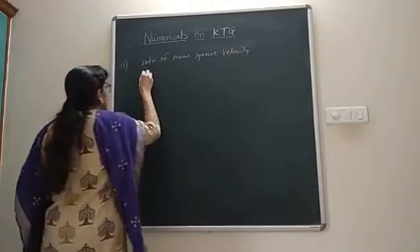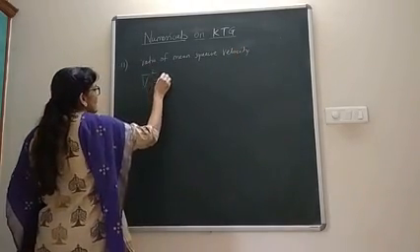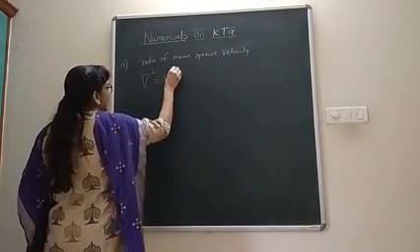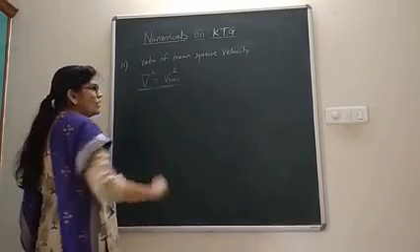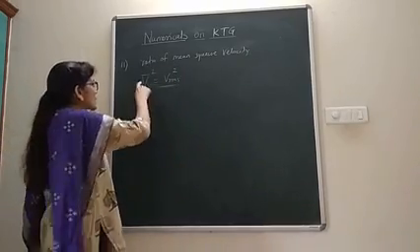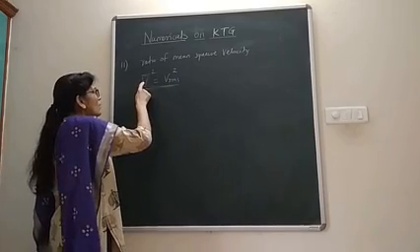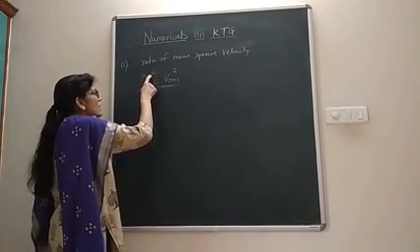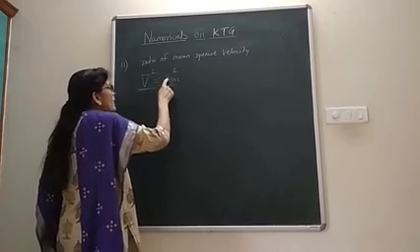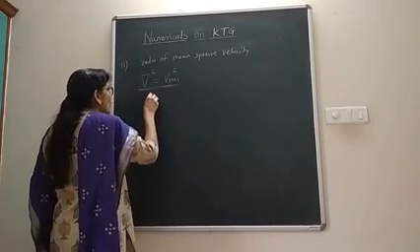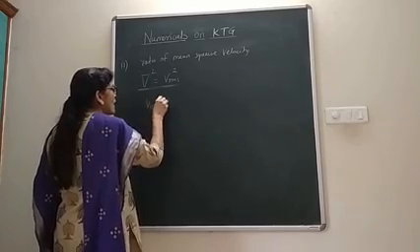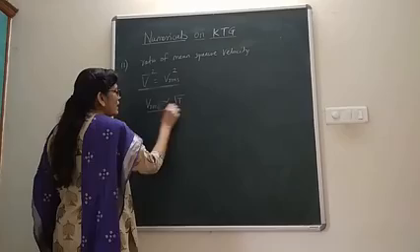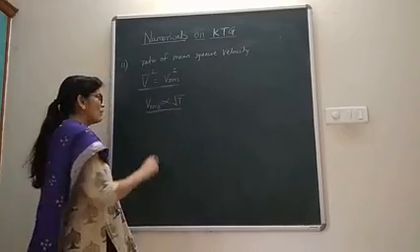So you know mean square velocity is nothing but VRMS square. We have learned this while learning the expression for pressure. But you know the relation between VRMS and temperature. This is a very important relation, always remember this.